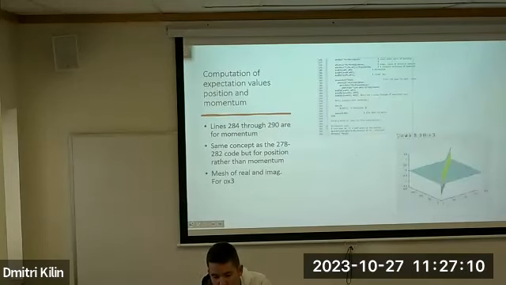Computation of expectation values and momentum: you can see their accumulation is between lines 284 and 290. It's the same for momentum, you just change variables or what you're solving for.